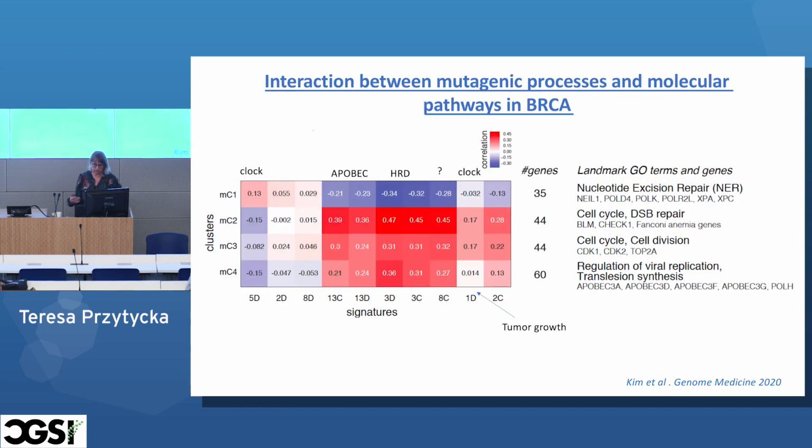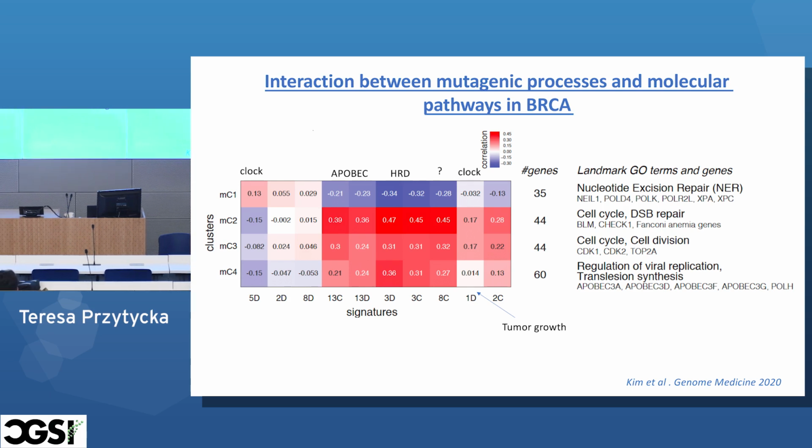This is an example of such a study for breast cancer, again, a glass half empty or half full, however you would like to see it. At the bottom, each column corresponds to a signature. At the top I gave the names of the signatures where we know something about them. In particular, we have two signatures that we refer to as the clock signatures, because the mutations associated with those signatures are correlated with patient age.